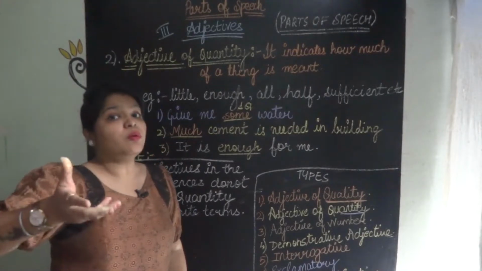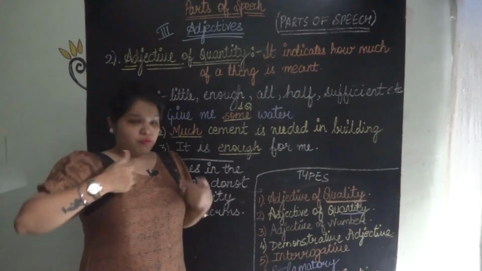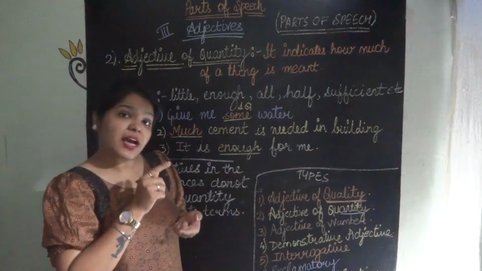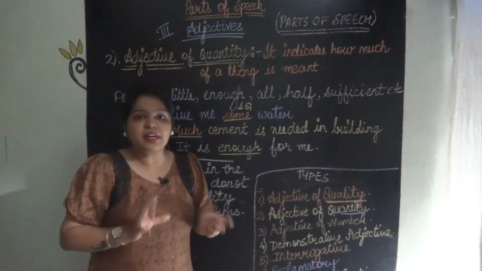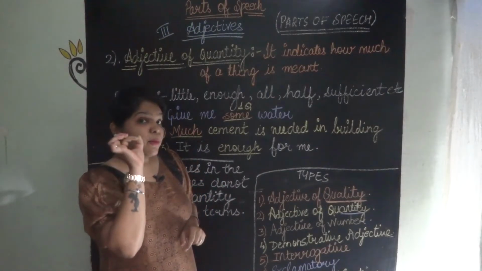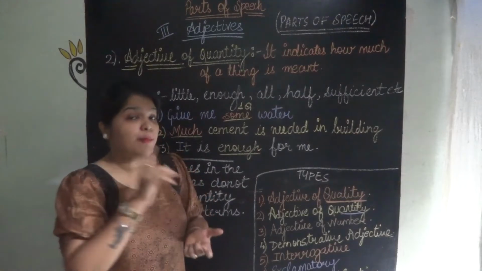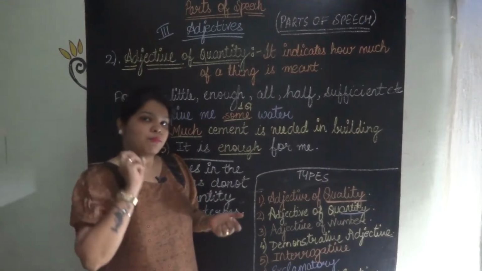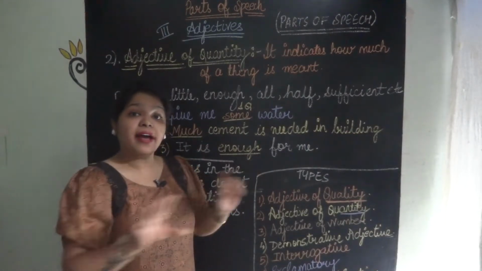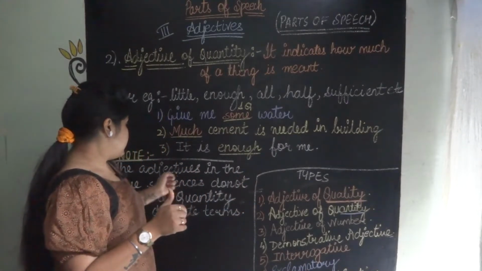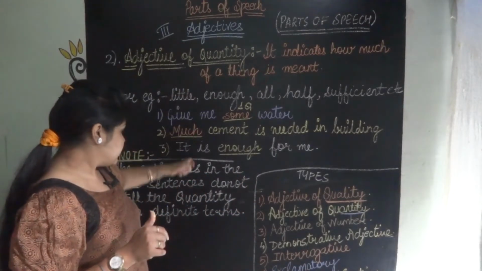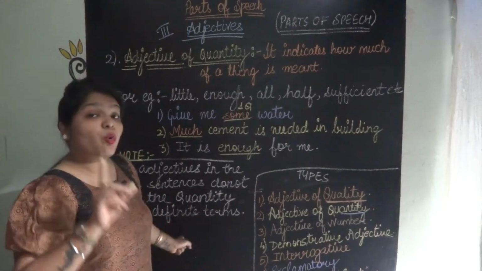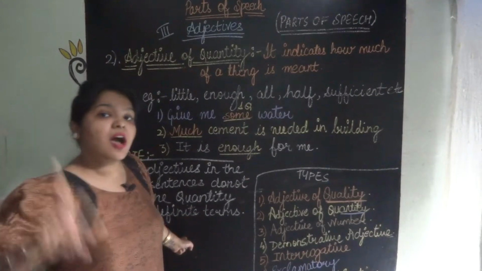For you, some means half of the jug. For me, it can be half of a glass. So some is not definite, because I am not saying give me half a liter of water. I am using some, so it is not defining a proper thing. Means the adjectives in the above sentences do not tell the quantity in definite terms.